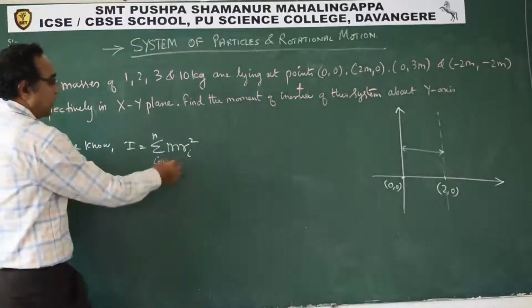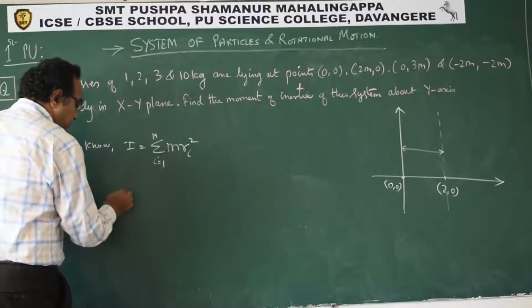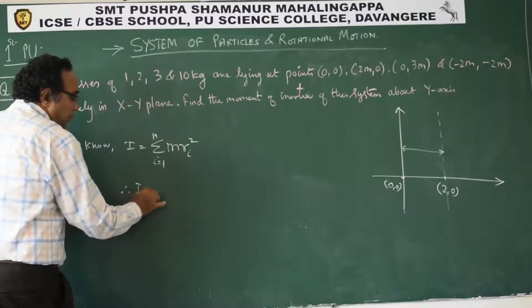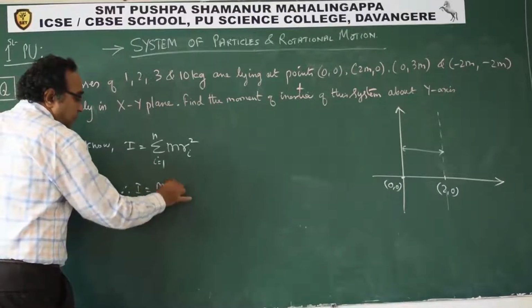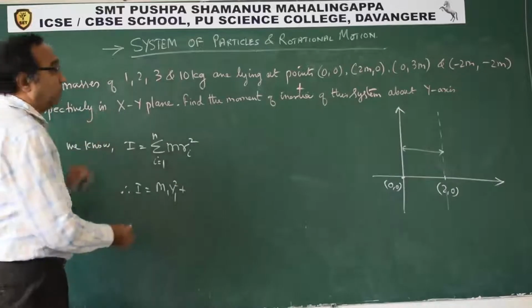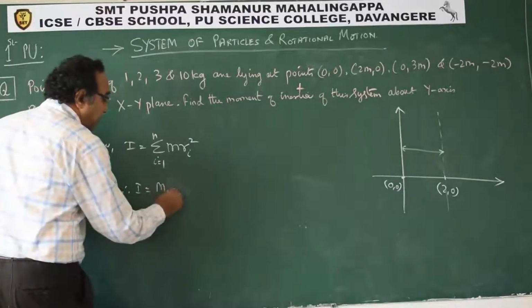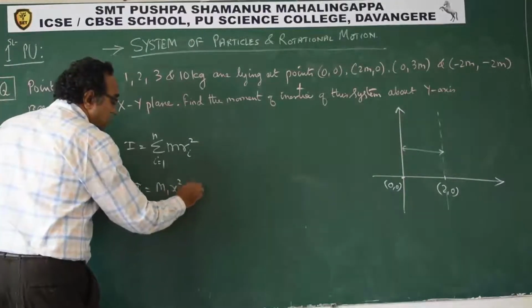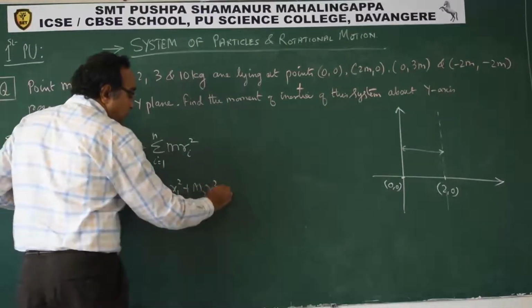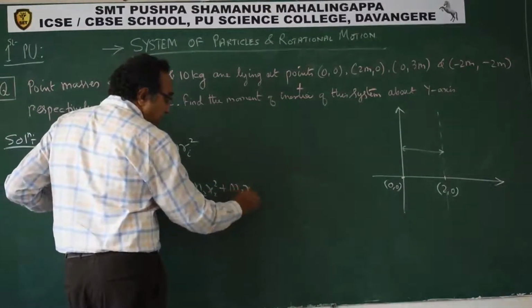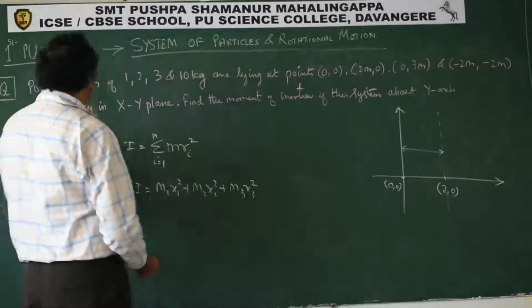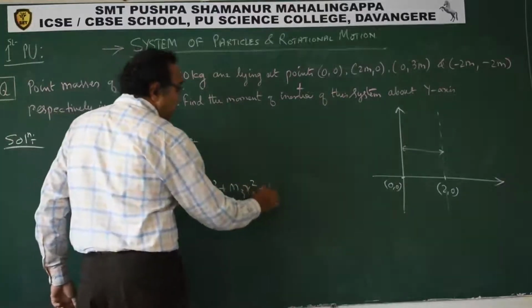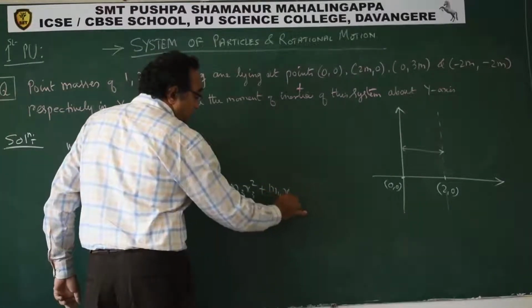So out here what will we write? I will be m1 x1 square, because we want it from the y-axis. So m1 x1 square plus m2 x2 square plus m3 x3 square. There are 4 point masses, plus m4 x4 square.